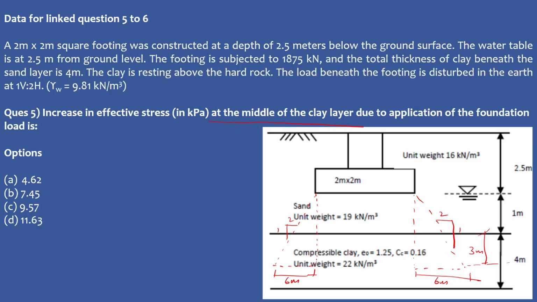So if you see, your total thickness from here to here will be 6 plus 2 plus 6, which is 14 meters.